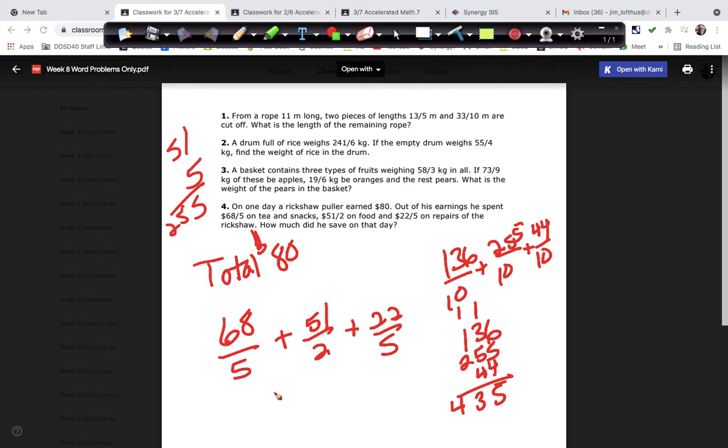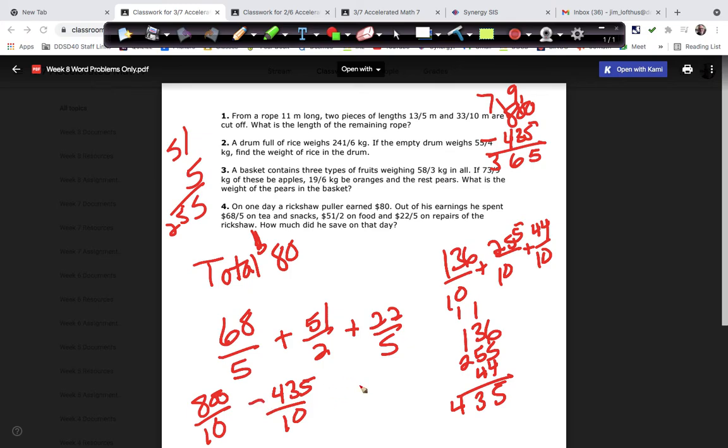So we're going to do 435 tenths, and we're going to subtract that from 80, which would be 800 tenths. So let's go right up here. 800 minus 435 is 365 tenths.